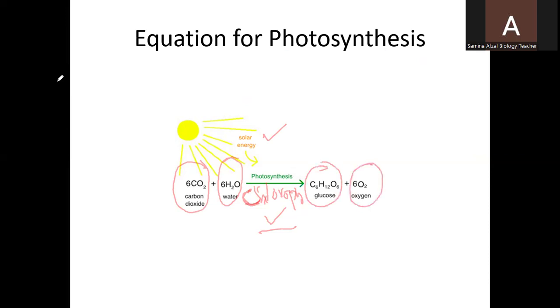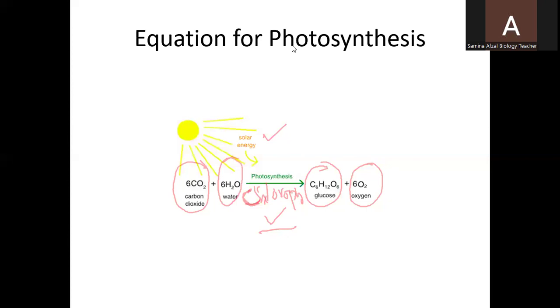So students, keep in mind always when you are going to write an equation for any reaction, you have to write a balanced equation. So I have written 6 carbon dioxide will react with 6 water molecules to give rise to 1 glucose molecule, and 6 molecules of oxygen are produced during this process of photosynthesis.